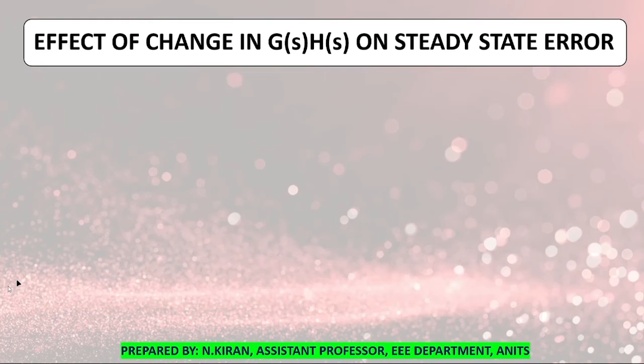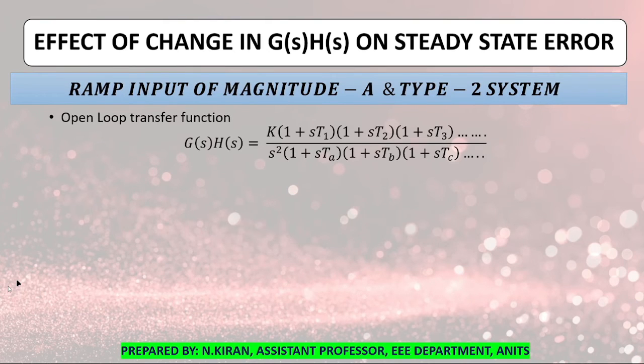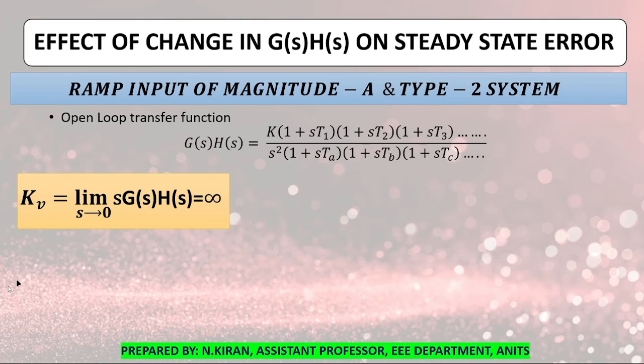Now if I consider a type 2 system, there will be an S squared term in the denominator. So obviously, Kv value becomes infinity and steady state error will become 0.